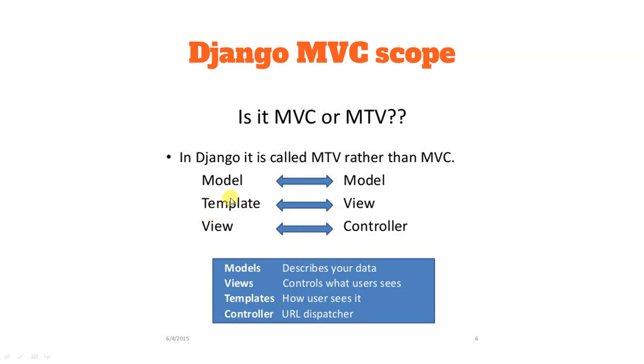Templates are nothing but HTML pages, the GUI, the front end. Controller, the coordinator, became my view. So the terminology is just changing, the rest remains the same. It is called the MTV pattern, but the whole ideology being utilized is MVC.